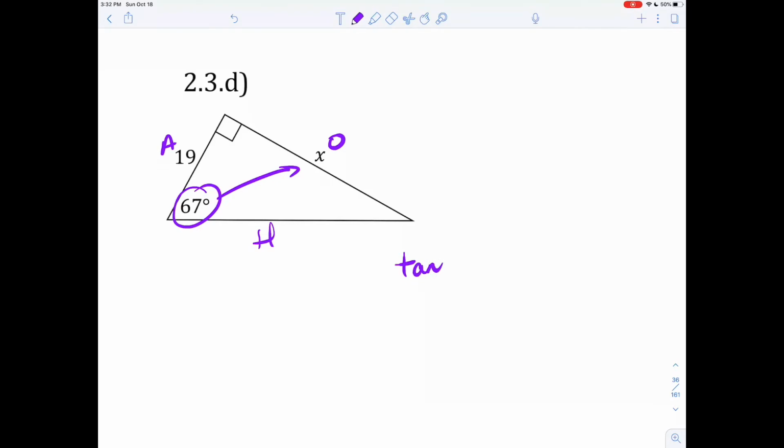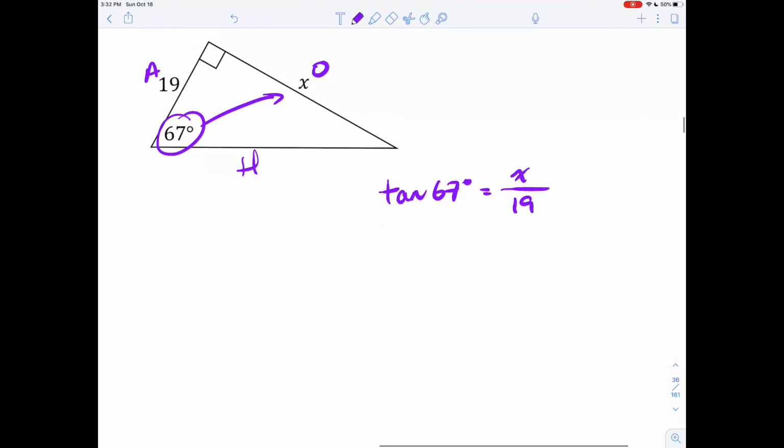I can say that tan of 67 degrees is the side opposite 67, which is x, over the side adjacent to the 67, and that's 19.